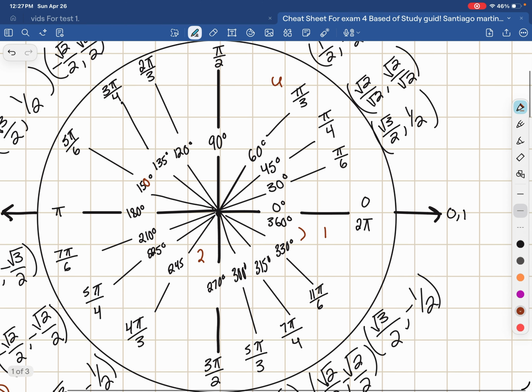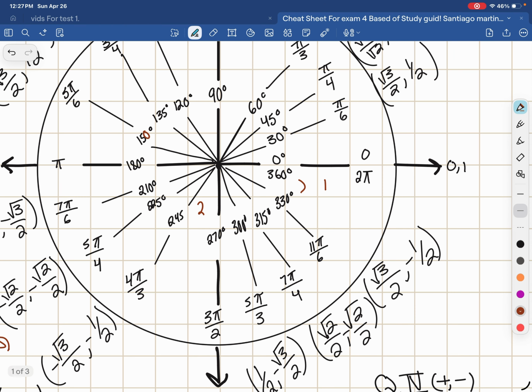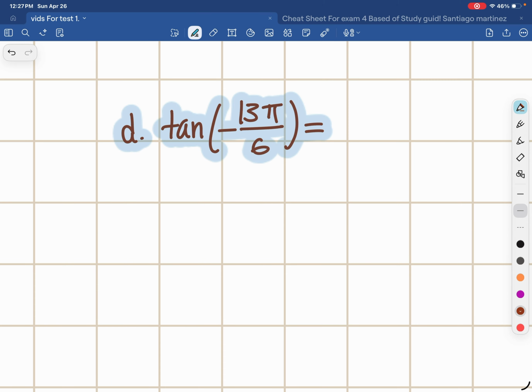So if we go to counting left over right, and we look at our radians this time, we can actually figure out that 13 pi is a little too big for what we need it to be. So what we do in these situations is we will take 12 pi over 6, which is our biggest value, and subtract it from 13 pi over 6.